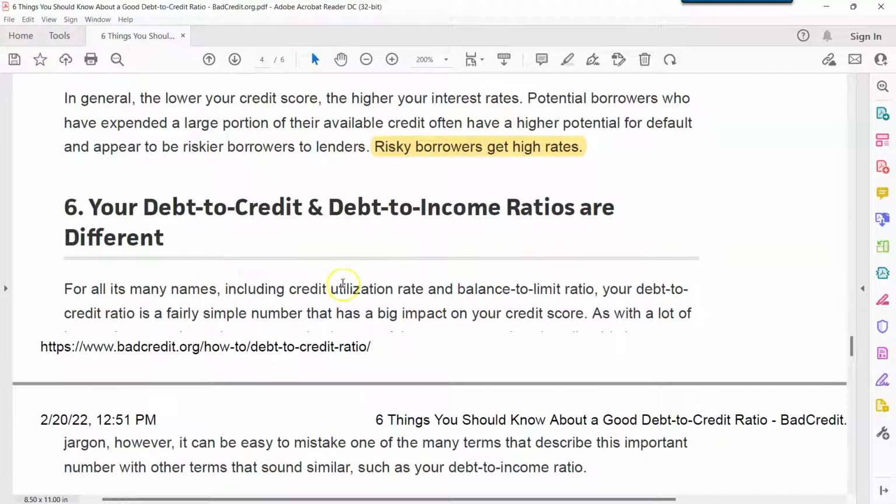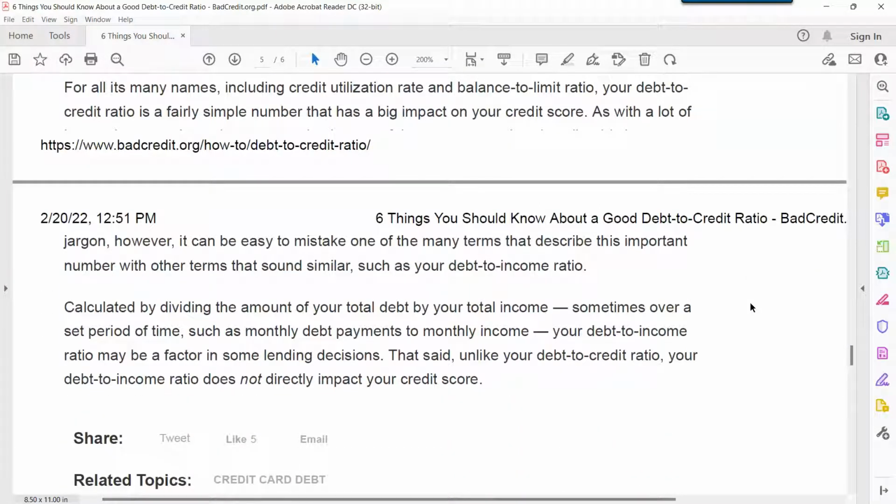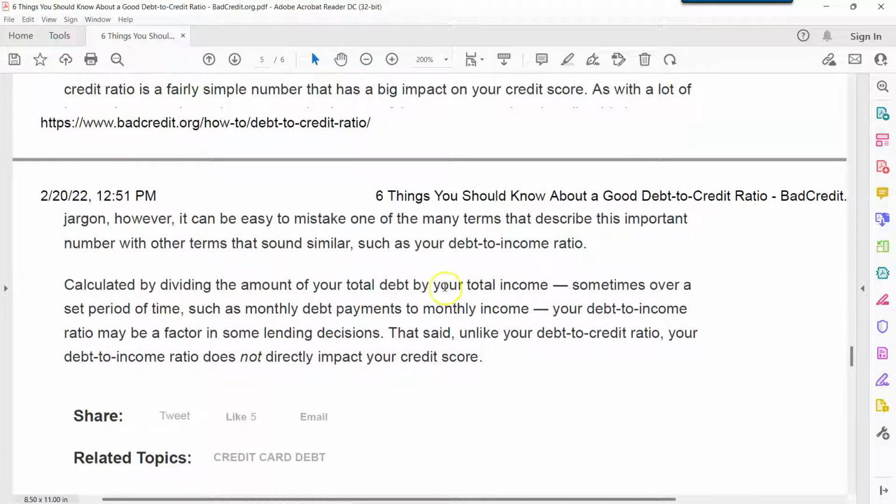And so the last one is your debt to credit ratio and debt to income ratios are not the same. This is something I speak on quite a bit. For all its many names, including credit utilization rate and the balance to limit ratio, your debt to credit ratio is a fairly simple number that has a big impact on your score. We talked about that. Let's just talk about the debt to income ratio.